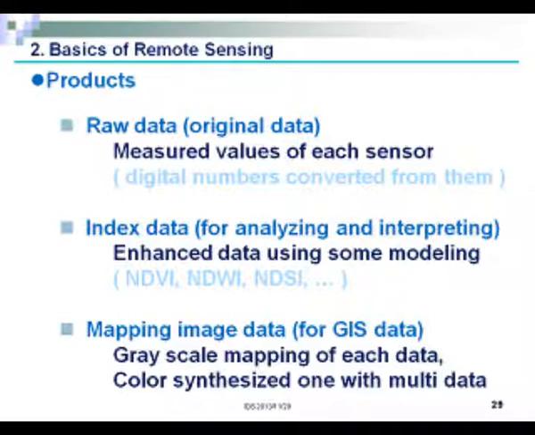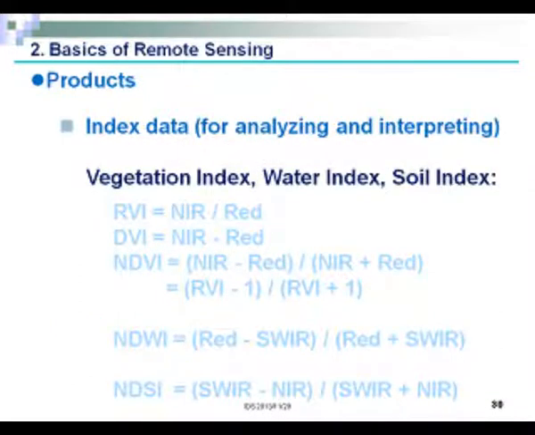Index data, additional information around here. The most popular indices are the vegetation index, water index, and soil index. This is a vegetation index definition. We often use NDVI for vegetation analysis.